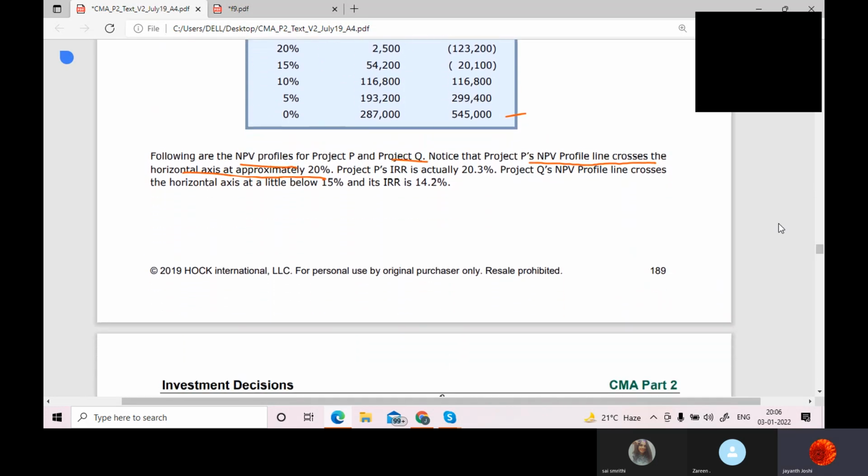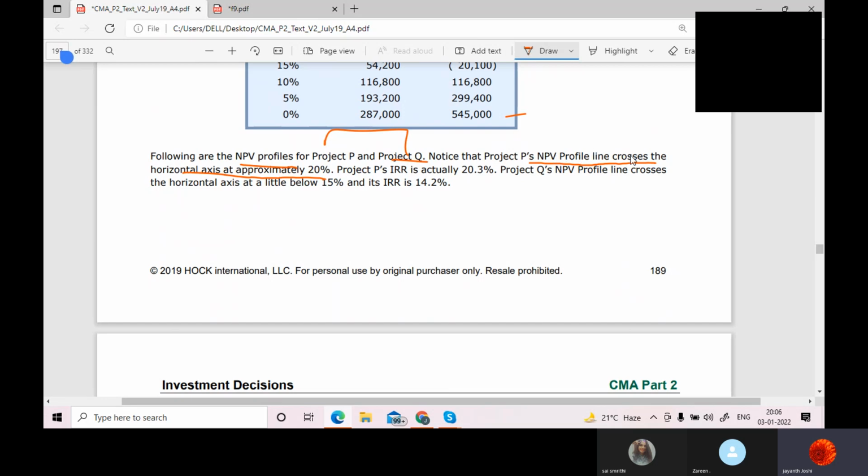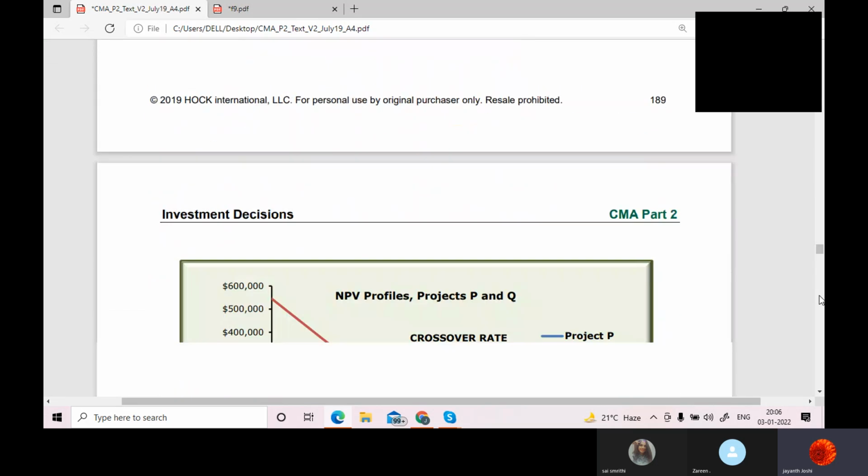The following are the NPV profiles for project P and project Q. Notice that project P's NPV profile line crosses the horizontal axis at 20%, which I showed you. So project P's IRR is this and Q's is this. That's what they're showing there.